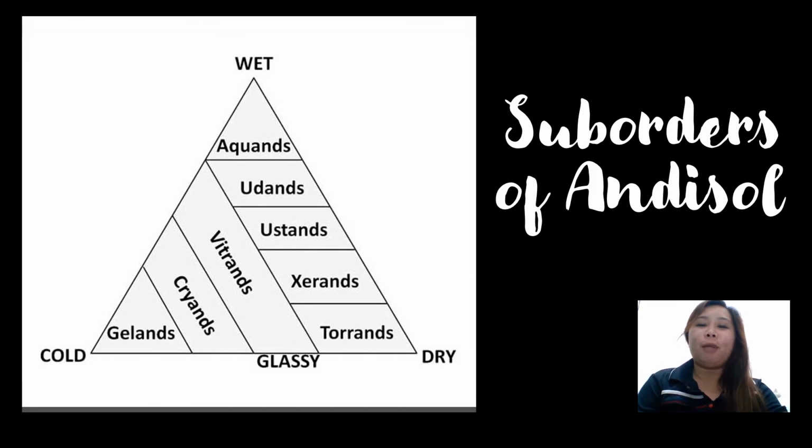The next are the suborders of andisols. There are 8 suborders of andisols. First we have the aquands. Aquands have a histic epipedon or have aquic conditions in a layer at a depth of 40 to 50 centimeters below the mineral soil or from the top of an organic layer.